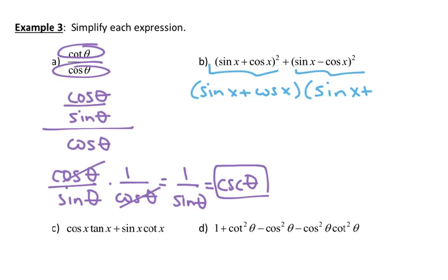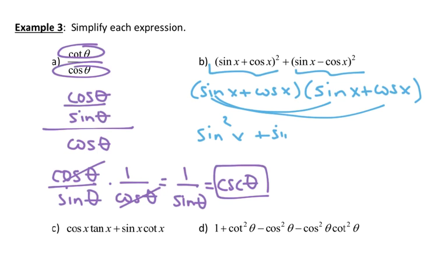Now I'm going to write this and then I'm going to erase it because otherwise I'm going to run out of space. But when you FOIL this, you get sine squared x plus sine cosine plus sine cosine, the order in which you write it doesn't matter, plus cosine squared.